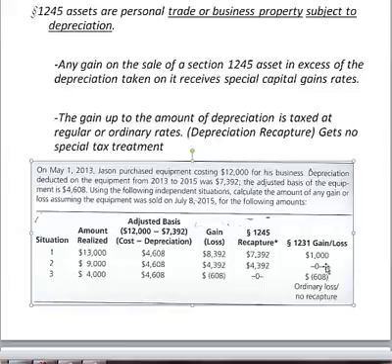So $0 is the amount that gets preferential tax treatment. So the entire $4,392 of the gain is taxed at ordinary tax rates. In situation 3, we have a loss, so we don't have to worry about the gain or recapture, so we just get an ordinary loss on our books.